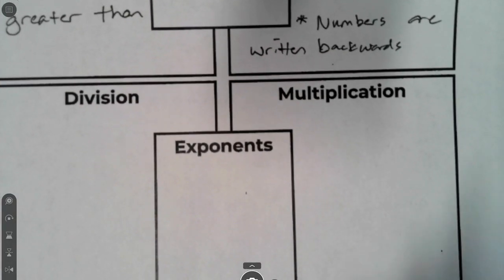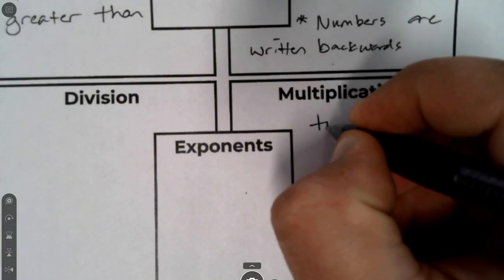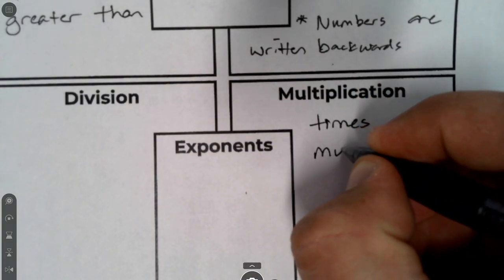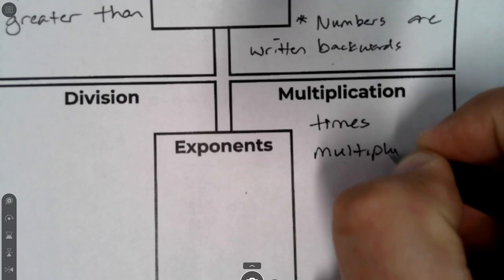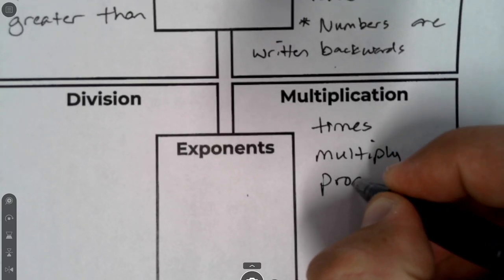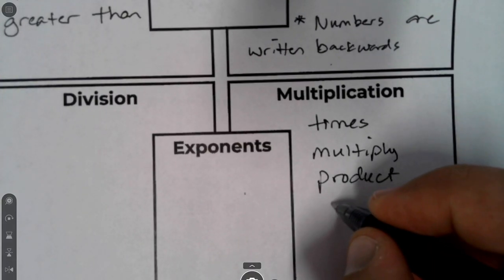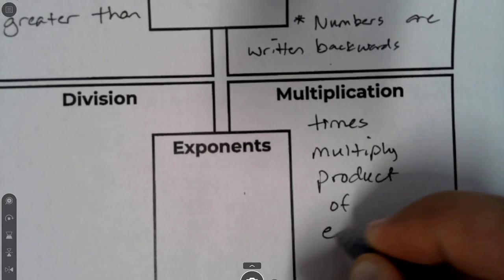Okay, for multiplication, we have times, multiply, product, of, and each.